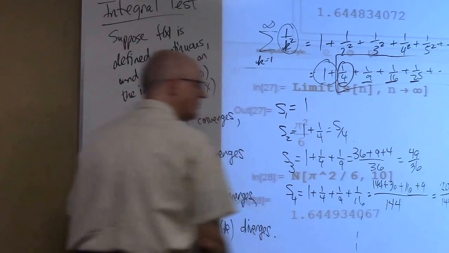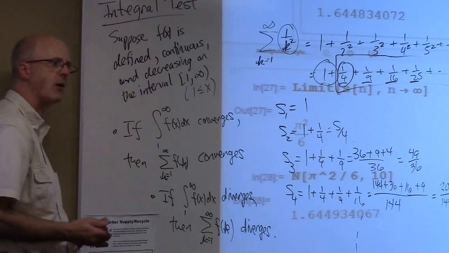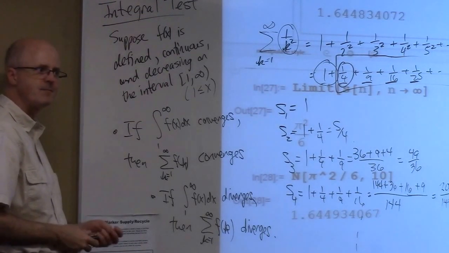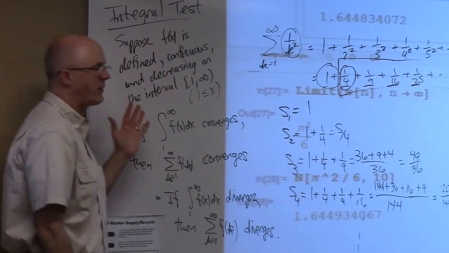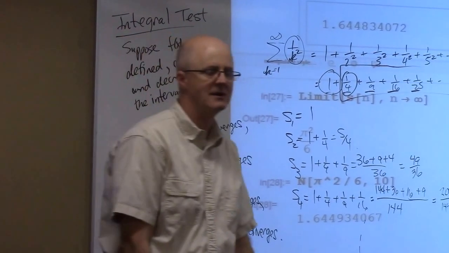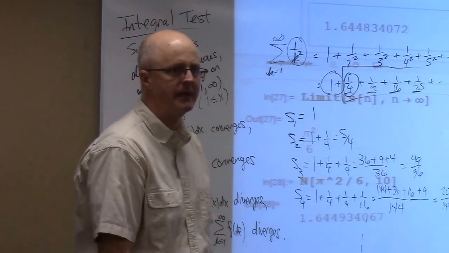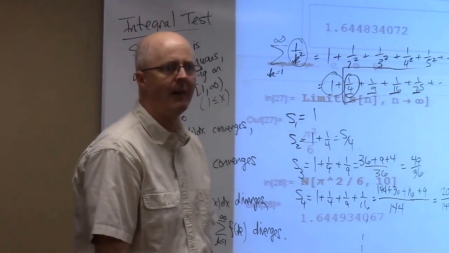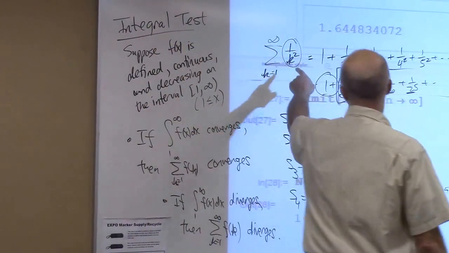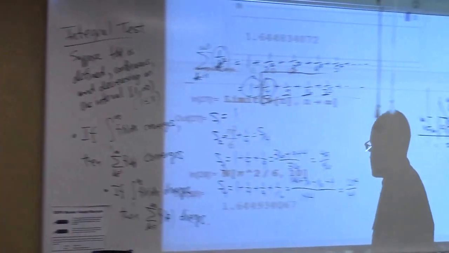That diverges too, as an infinite series. The corresponding sequence of partial sums diverges. So if we believe the integral test, and you should believe it, it is true. We aren't proving it. It can be used to prove that this series converges.